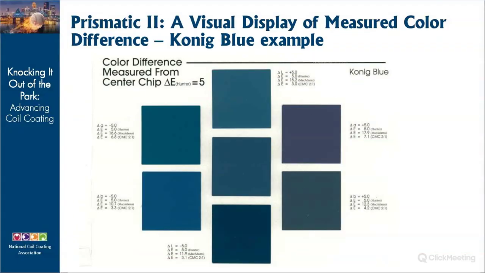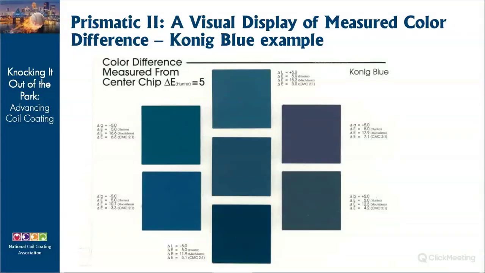If we look at the blue, this is a great example again of how the different swatches look. And if we look at the red and green, these are hue shifts, and they're up around 7 and 6 respectively for CMC, and 5 units on the A scale for Hunter.